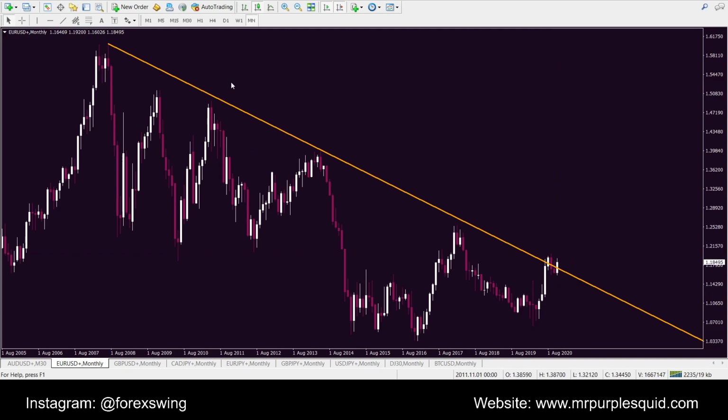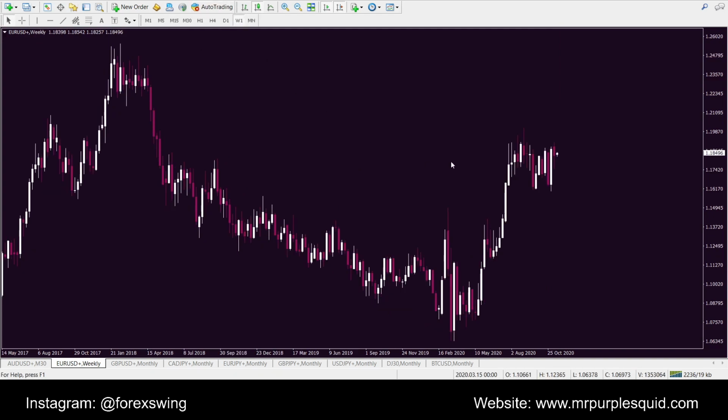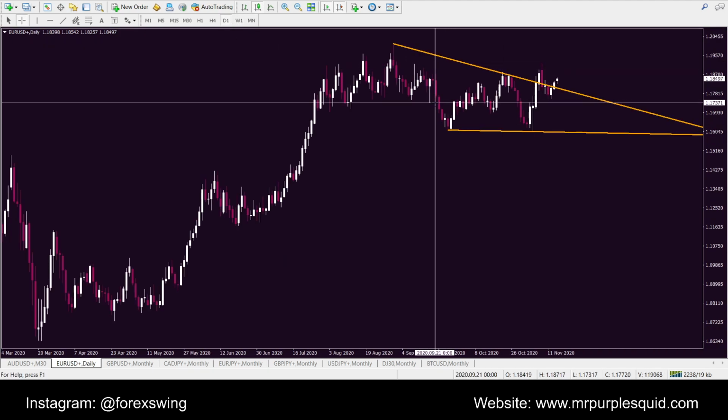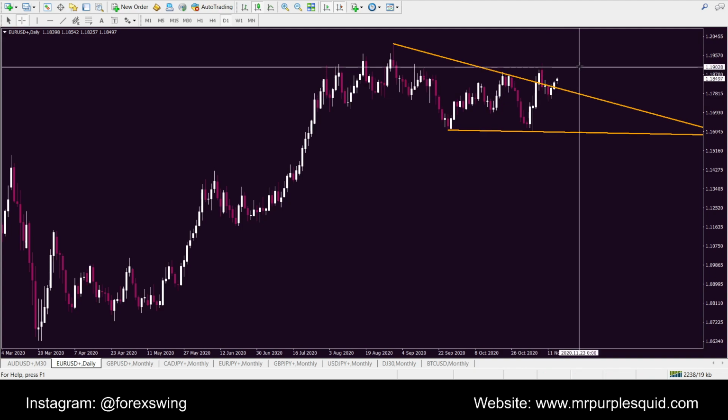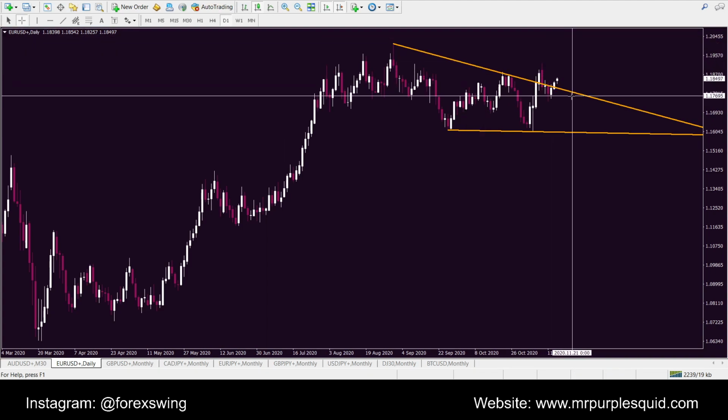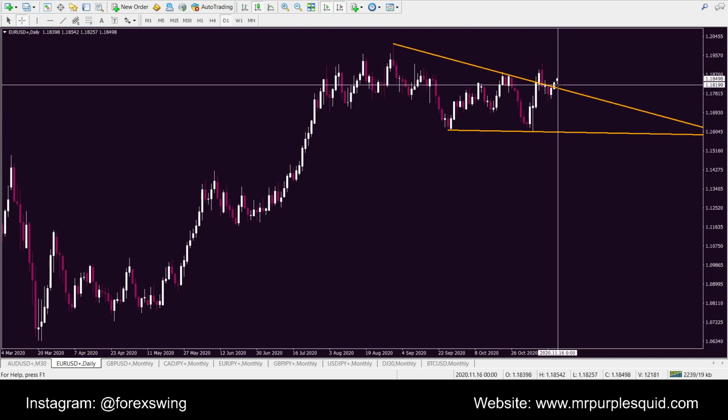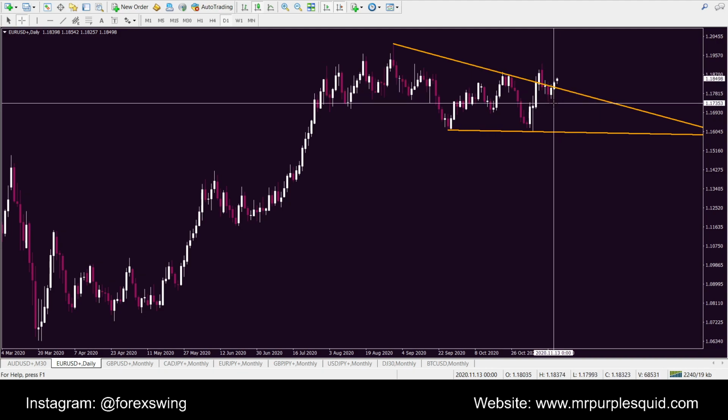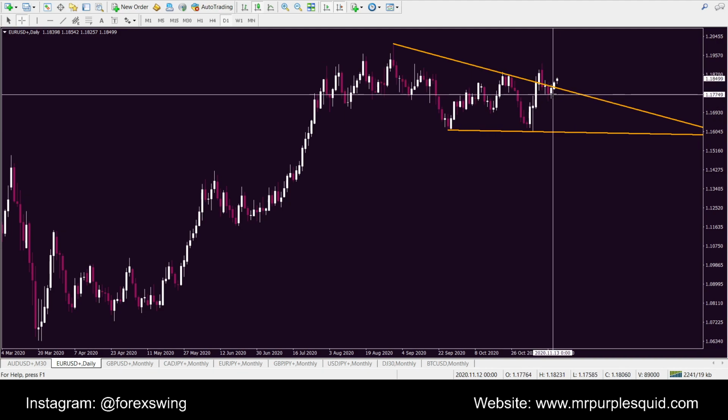All right, so weekly, similar setup again as Australian USD. Support here. Similar setup again, triangle. So as is, I'm bullish until price breaks below this point.